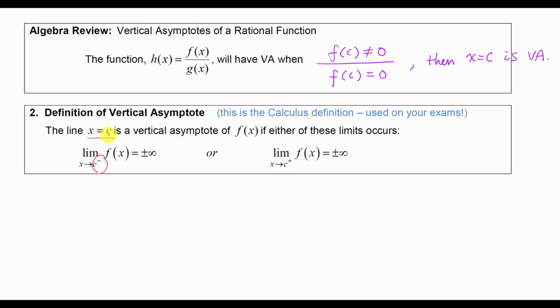The line x equals c is a vertical asymptote of f of x if one of these four limits occurs: x approaches c from the left of f of x equals positive infinity or negative infinity, or x approaches c from the right of f of x equals positive infinity or negative infinity. If any of these four occurs, you can conclude x equals c is a vertical asymptote of f of x.